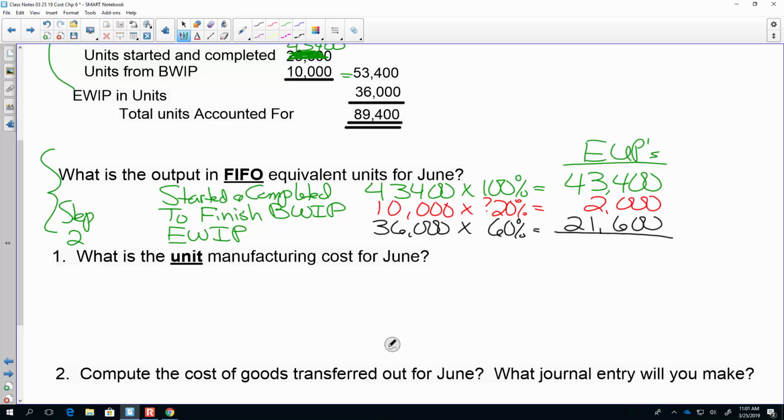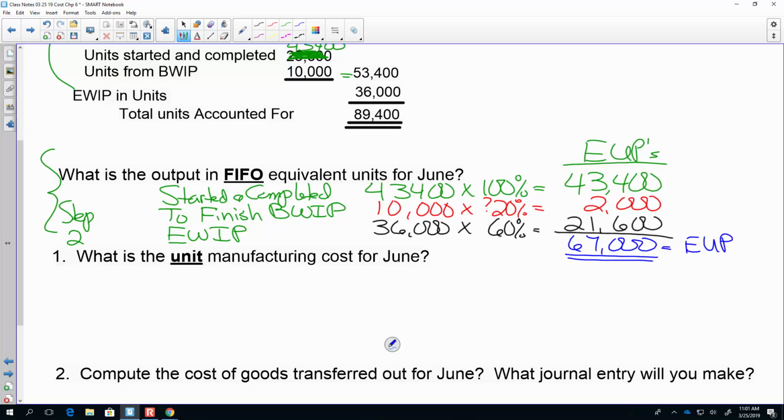How much do we get? 67. 67,000. That's my ending number for EOP. That's step 2.